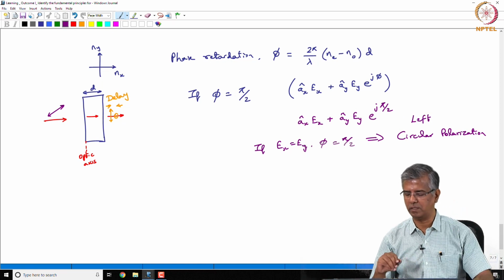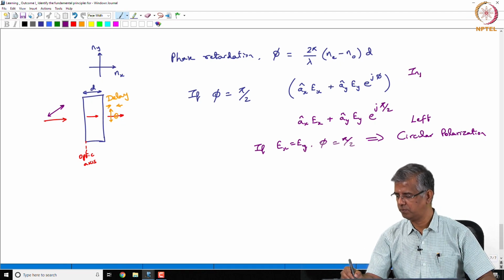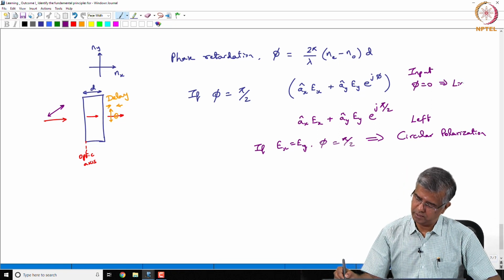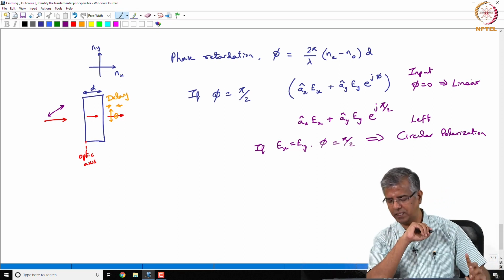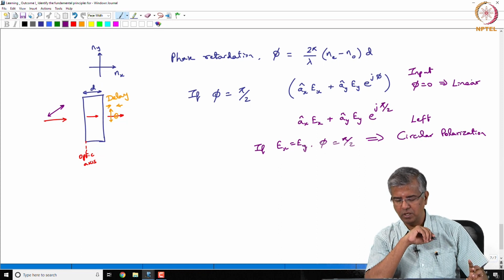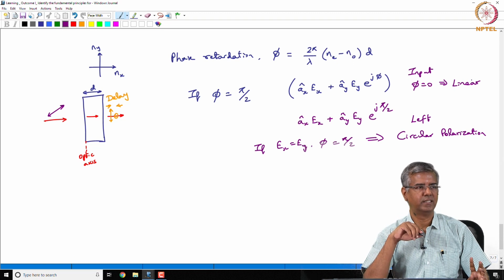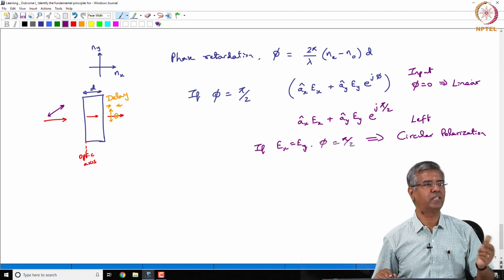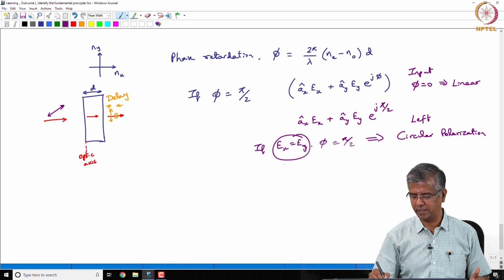So, you came in with linear polarization, input phi equal to 0, that implies linear polarization, and you came in such that it is at 45 degrees. Why is 45 degrees important? The Ex and Ey components are equal in that case, right. So, this will be the case if theta equals 45 degrees.